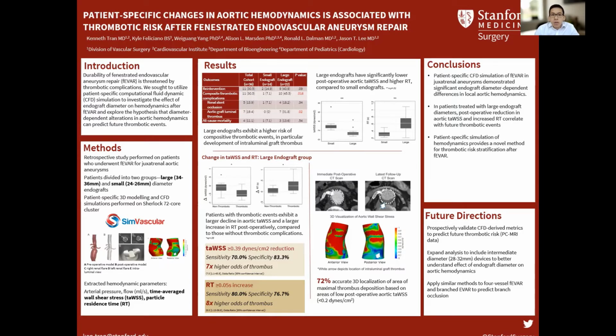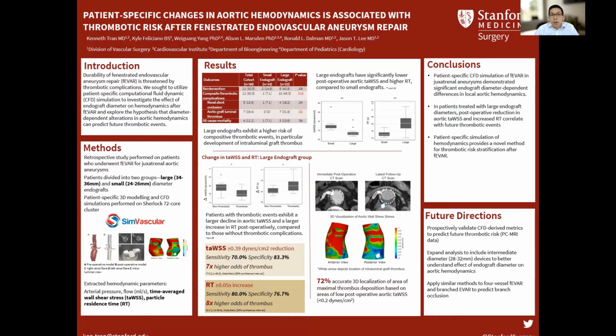This corresponds to the postoperative minus the preoperative values to depict the change in hemodynamics postoperatively. And you can see that patients with thrombotic events exhibit a significantly larger decline in aortic wall shear stress and a larger increase in residence time postoperatively compared to those without thrombotic complications.